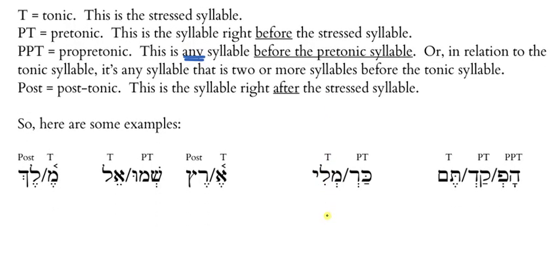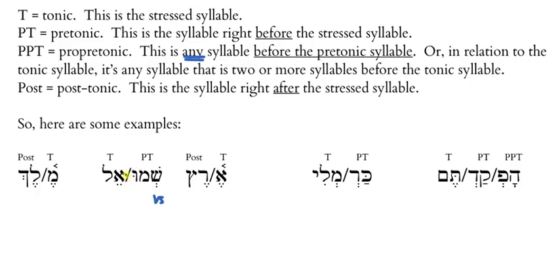So some examples here. If we start on the left, we have melech. Since the accent mark is visible, we're going to label that one T. This one is post-tonic because it's after the tonic syllable. With Shmuel, remember that's a vocal shiva right here, so we don't divide to the left of it. We go to the next consonant and full vowel and divide depending on whether it's open or closed.